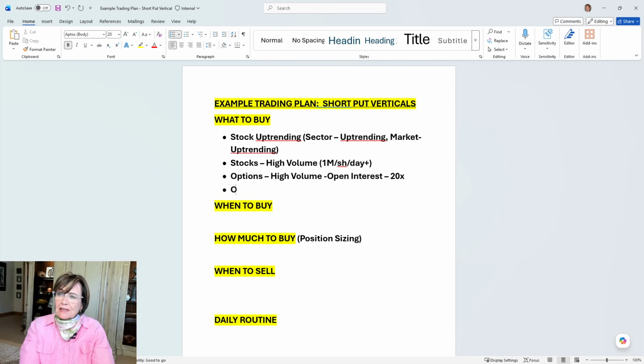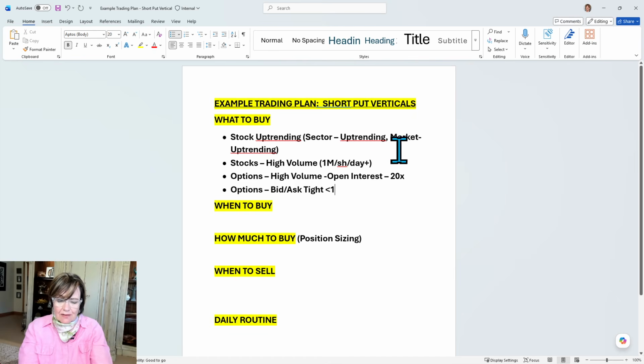And we might also say, well, with the options, we want the bid-ask spread to be tight. And by that, we might mean, if one option's $5, the bid is $5, we don't want the ask to be more than $5.50. So we might say we want it to be, ideally, pennies apart, but no more than 10%.